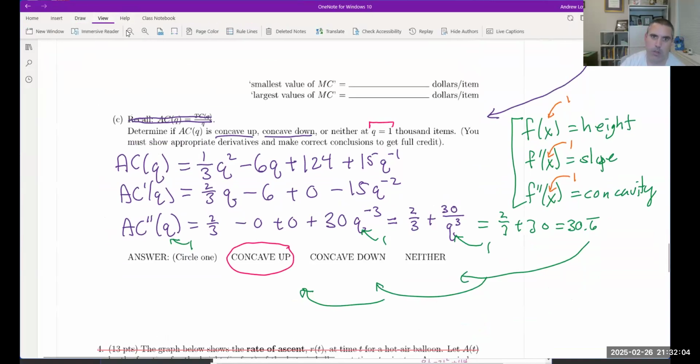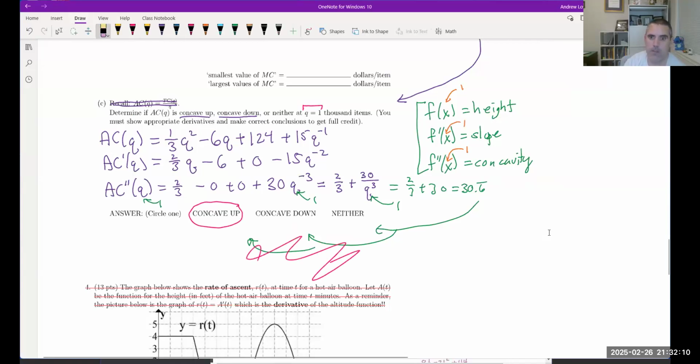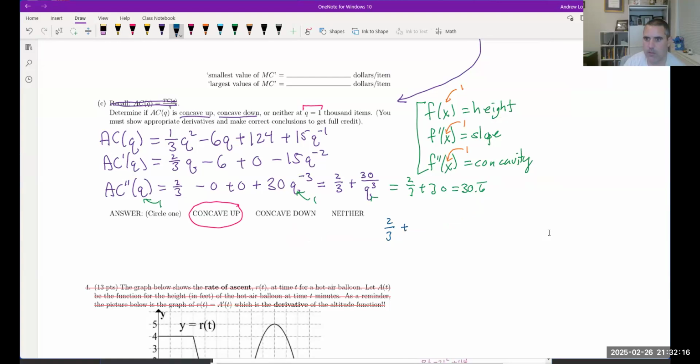But if we want to do the full analysis of tell me everywhere that it's concave up and concave down, then we would do the following. We would take the second derivative, set it equal to 0, solve. If I had to solve that, I'd multiply everything by q cubed.